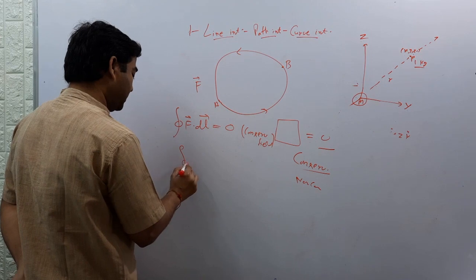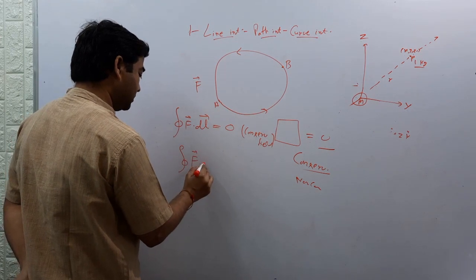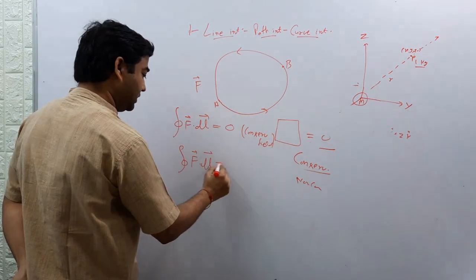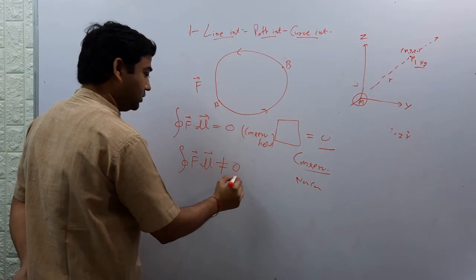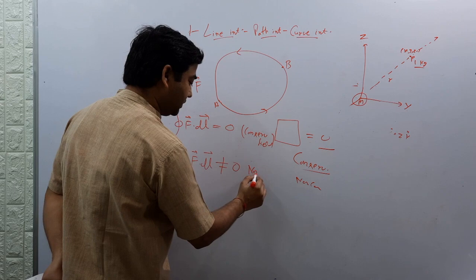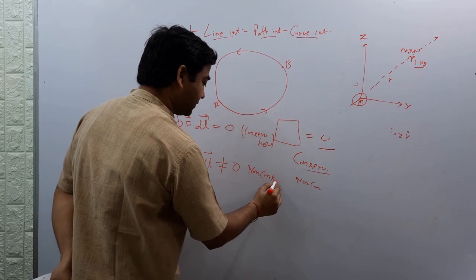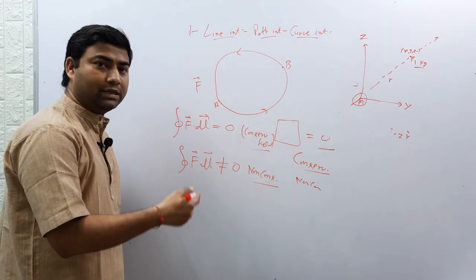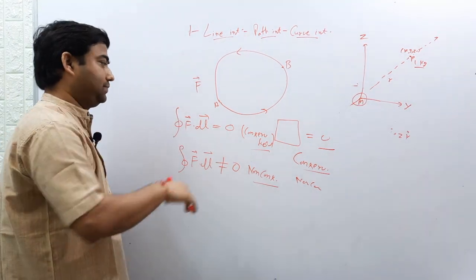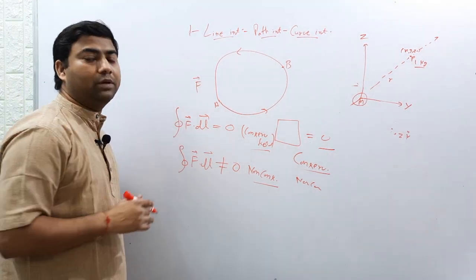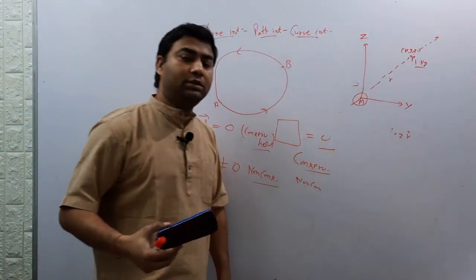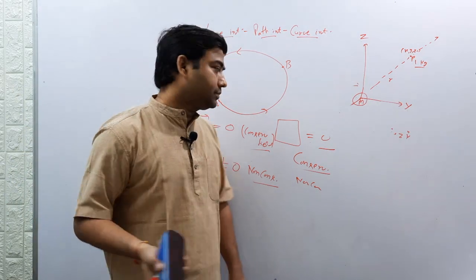And if the circulation of this force, that is the dot product along this closed curve, is not equal to 0, then it is called a non-conservative field. We will discuss conservative and non-conservative fields in detail after going through an example of line integration for variable force and curve path.